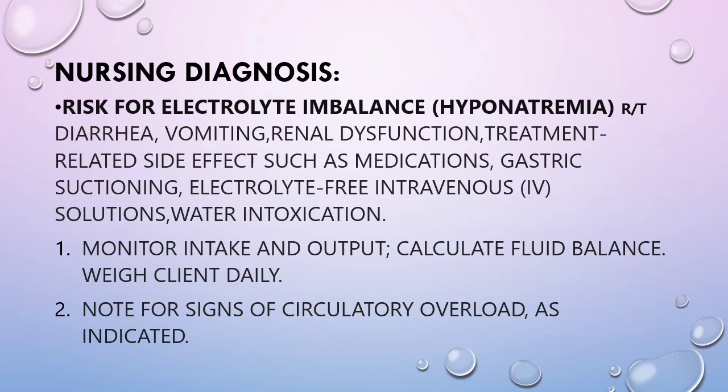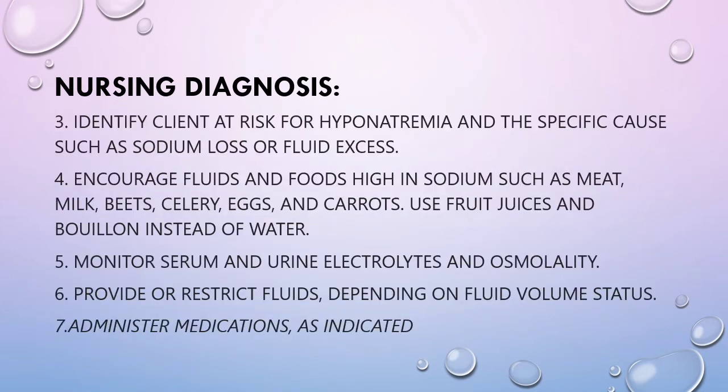For the nursing management, it includes: monitor intake and output, calculate fluid balance, and weigh the client daily. Second is to note for signs of circulatory overload. Third is to identify clients at risk for hyponatremia and the specific cause, such as sodium loss or fluid excess.